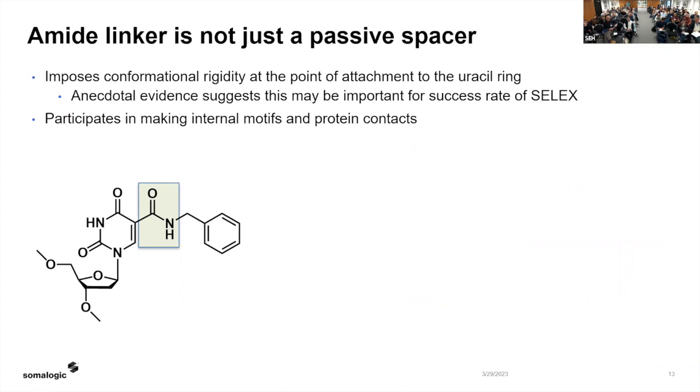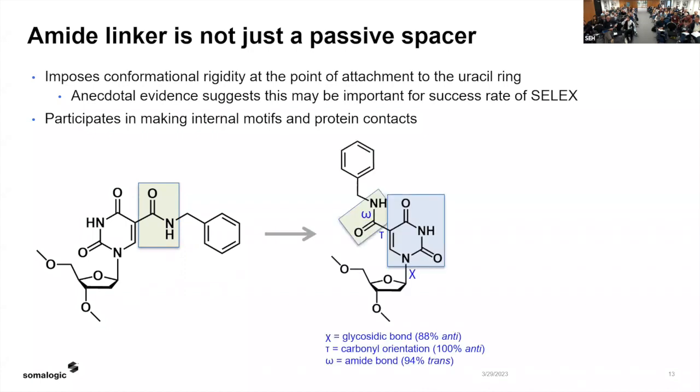And I decided that this was important to me for this audience, primarily because I know that Gunther would be interested. This is a rigid point of contact between the side chain and the base. So you have these three basically rotatable bonds. It's a glycosidic bond, but then you have these two other bonds that, for convenience, we're calling tau and omega.